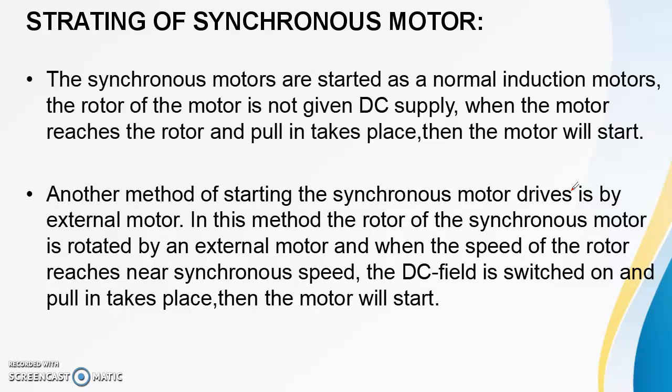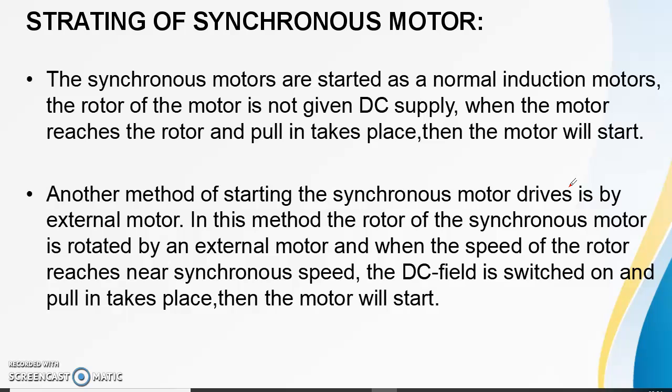Now we are going to see briefly about the starting of synchronous motor. Generally, the synchronous motor is started as a normal induction motor. The rotor of the motor is not given DC supply until the motor reaches the rotor speed, and then pull-in takes place. Then the motor will start. Another method of starting the synchronous motor drive is by an external method, that is, an external motor.